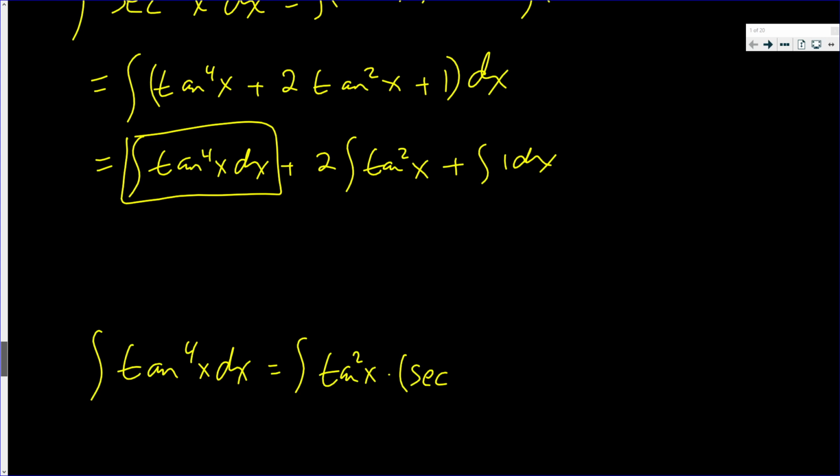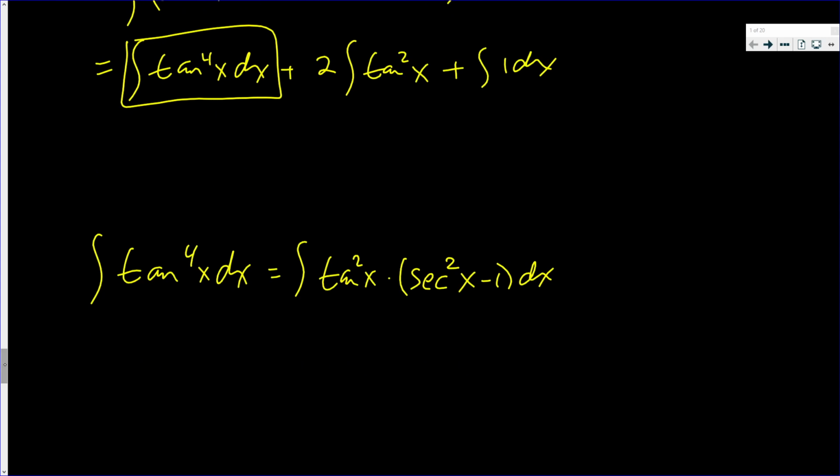But I'll write that tangent squared x as secant squared x minus 1 dx. Let us see what happens here. If we distribute, we get tan squared x secant squared x minus tangent squared x dx.